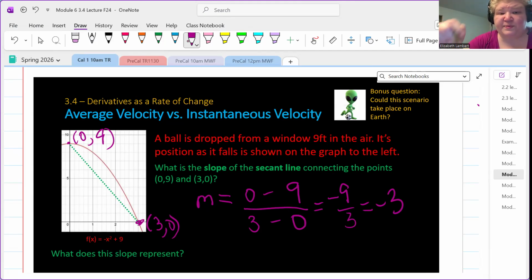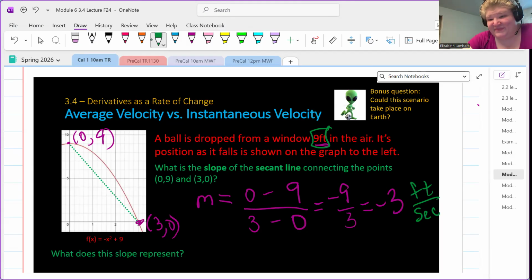So that slope is the change in position, a distance, over the change in time. So our distance, they did tell us it was 9 feet in the air. So this is feet per, and they don't actually ever tell us the time, so we'll assume seconds.